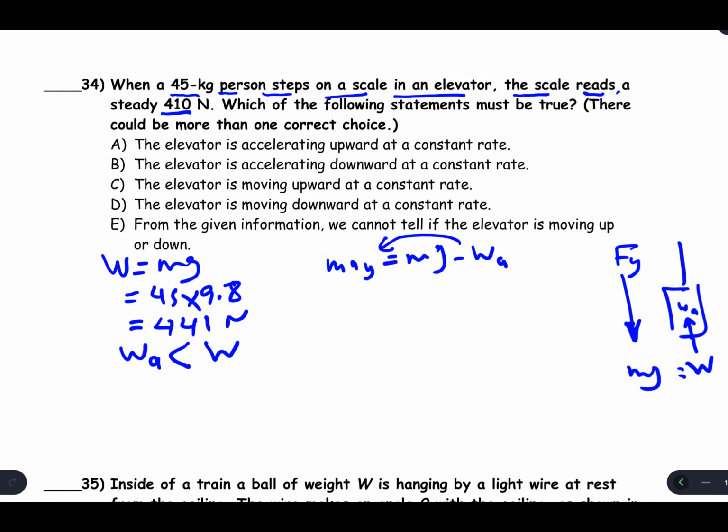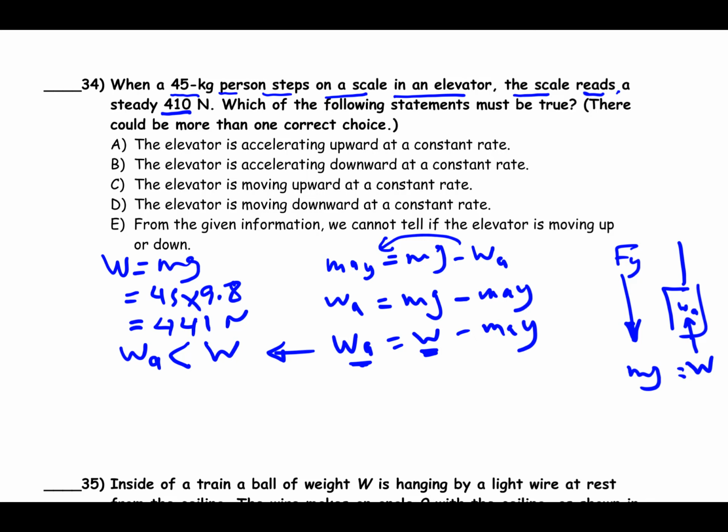So WA equals mg minus may, or W minus may. So WA is less than W, right? So the elevator is going downward. It works. So the answer is B. The elevator is accelerating downward at a constant rate.